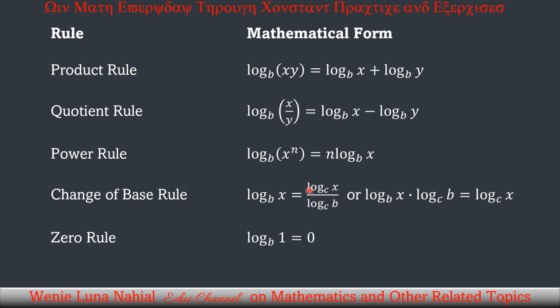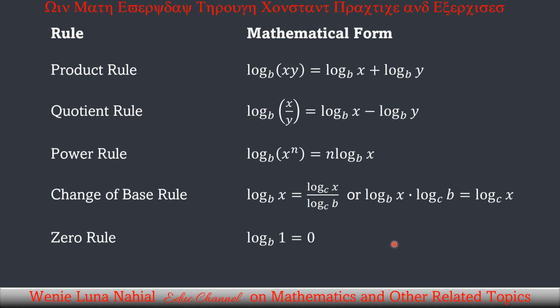So we have here the logarithm of x to the base c over the logarithm of b to the base c. Or you can write also the logarithm of x to the base b times the logarithm of b to the base c equals the logarithm of x to the base c.